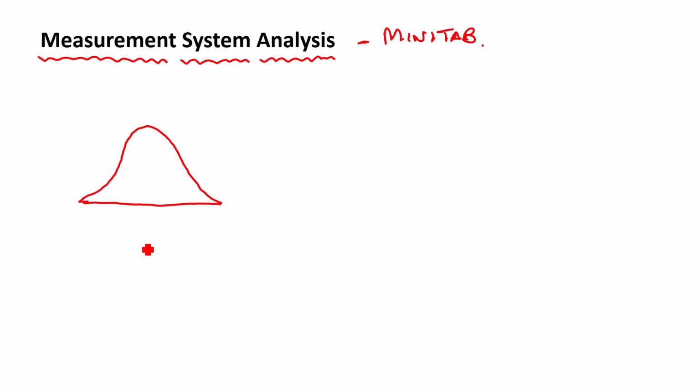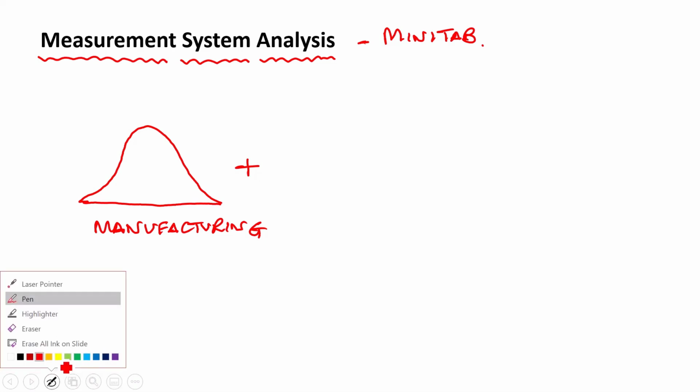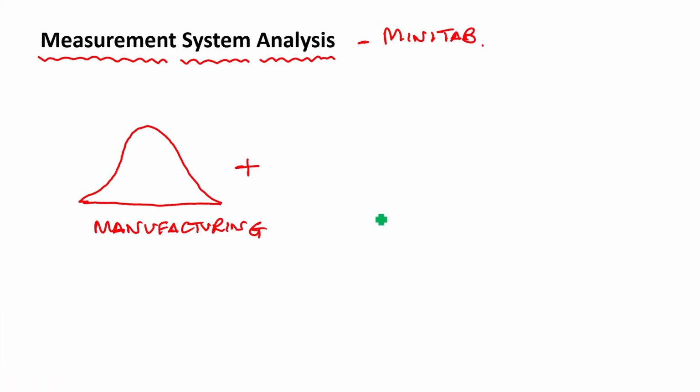your production equipment, your manufacturing equipment is producing a distribution. Now, of course, you would like to see that distribution, but before you can see that distribution, you have to put the components through another process.